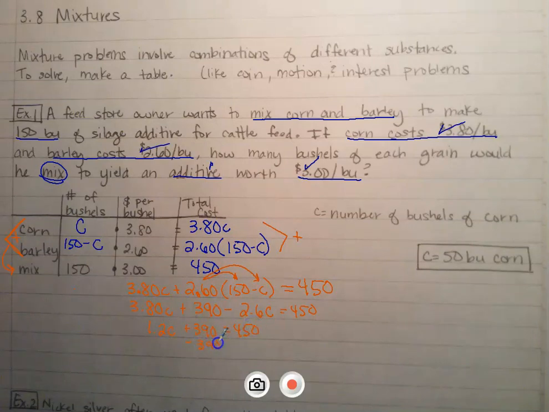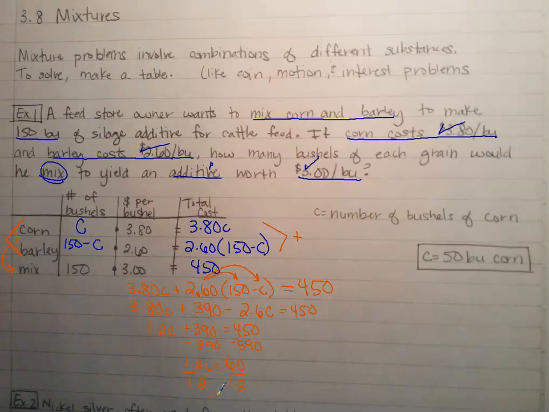Subtract 390. So 1.2 C equals, what's 450 minus 390? Okay, hopefully you got 60. Now we would divide by 1.2.